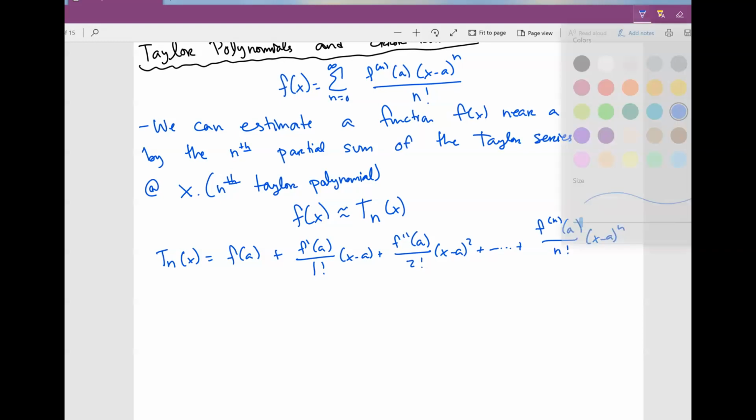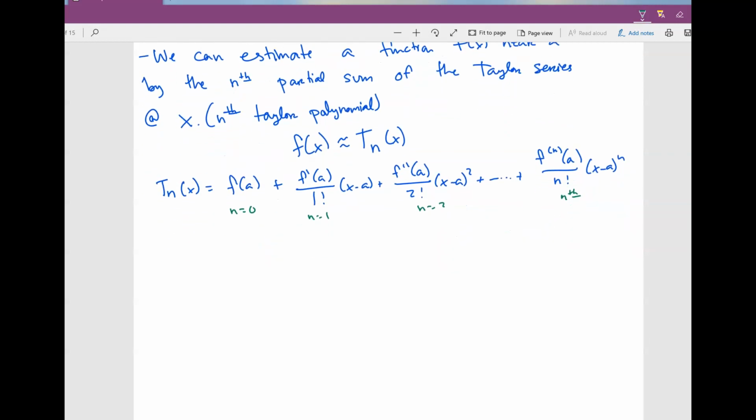So you can see that I'm evaluating when n equals 0, adding it to n equals 1, then n equals 2, all the way until I get to the nth term, okay? So, for example, if I were to ask what is the third Taylor polynomial, you would go all the way up to the third derivative, the n plus 1th term, because we start at 0.